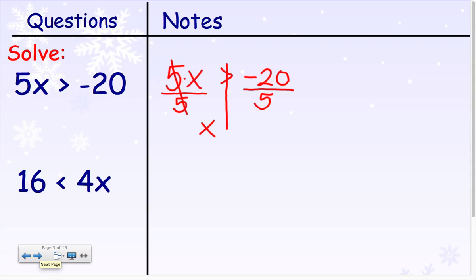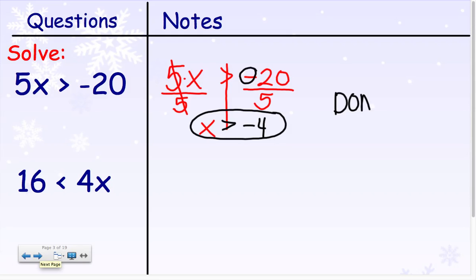If I were dividing by a negative 5, then I would need to flip it. It doesn't matter that this 20 is negative. We don't care about the 20. We only care about the 5. So I'm going to bring down my original inequality symbol, and I don't have to flip.